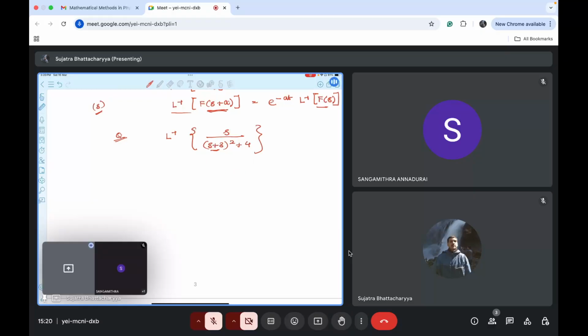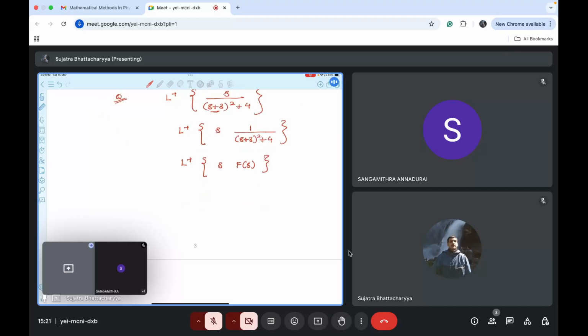Look at this. This is somewhat a complicated part. Can we write this as L inverse of s times 1 upon (s plus 3) whole square plus 4? This we can write. So it is something like s times F(s), right? So I'm writing it like this. So s times some F(s).